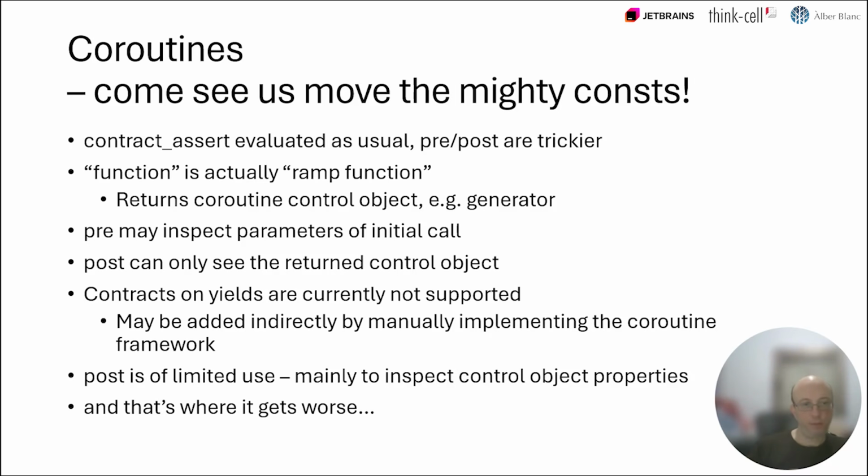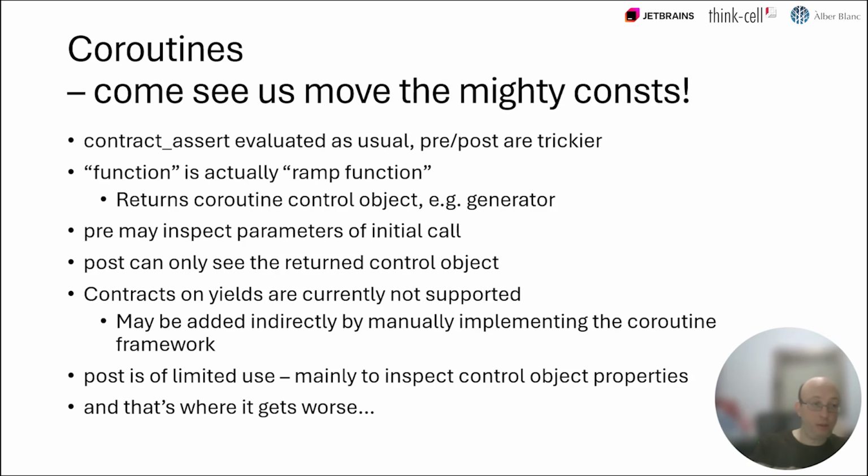But what about pre and post? The thing with coroutines is that there's something called a ramp function, the thing that's being seen by the outside world, and that ramp function basically just returns some control object, for example, a generator, and it does not contain the logic itself that we see in the coroutine, only that control object, and that's the entire thing that any pre and post could inspect.